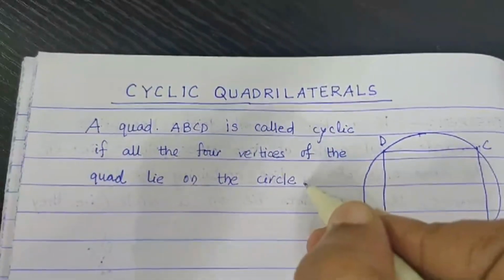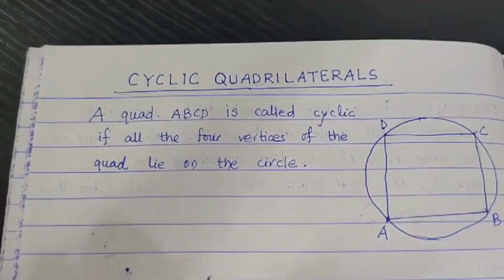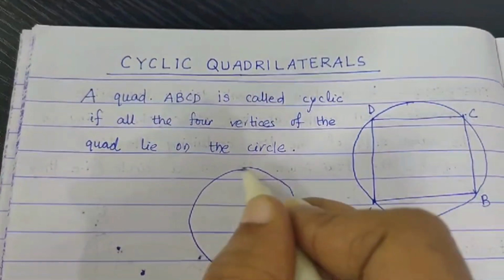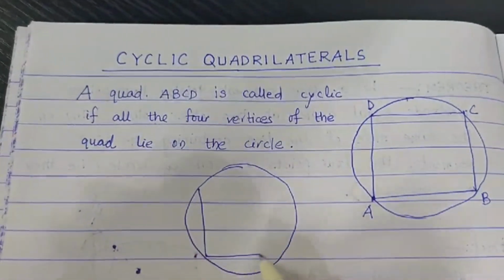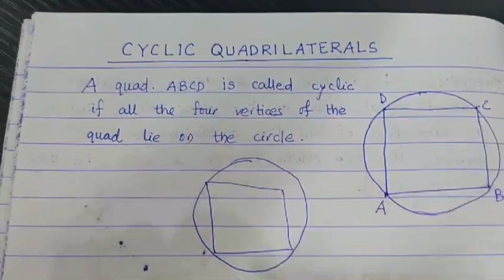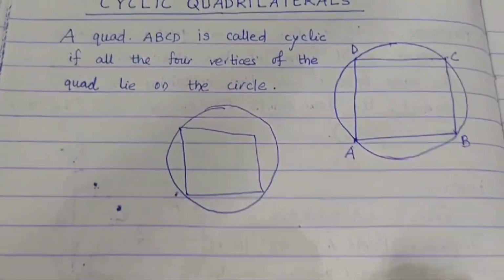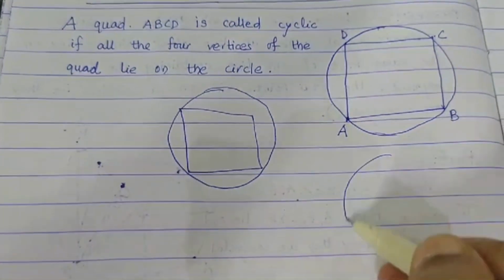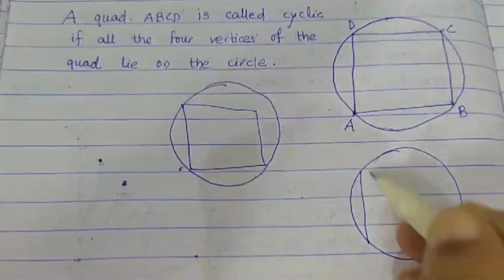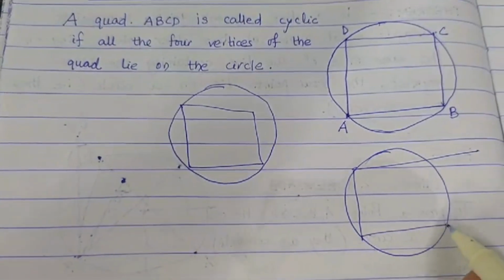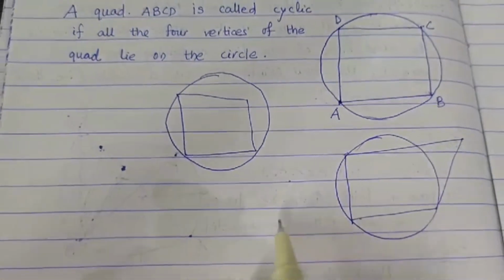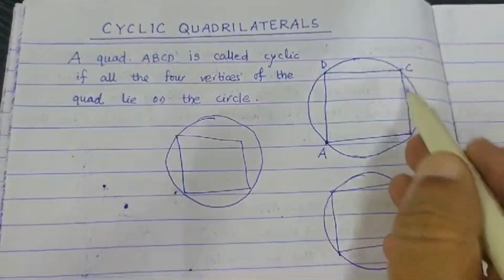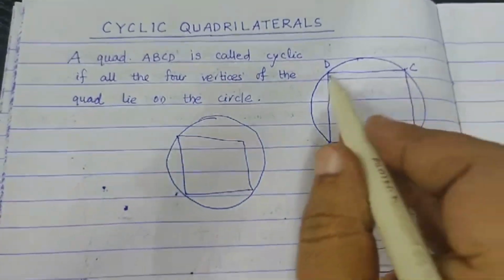Suppose this is a circle and you are drawing a quadrilateral like this, then this will not be a cyclic quadrilateral. And suppose you are drawing a quadrilateral like this, this is also not a cyclic quadrilateral. So the criteria is that all the four vertices should lie on the circle.